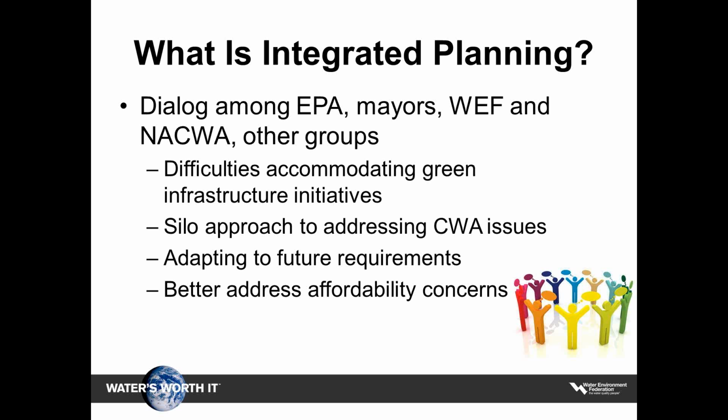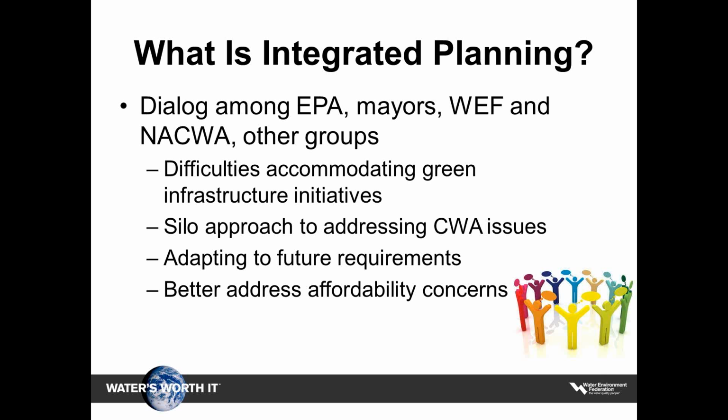In addition, we saw substantial problems adapting to future requirements. For example, communities would agree to a CSO long-term control plan at a very high cost, a high median household income percentage, and then maybe a new state nutrient criteria would come along that would be very expensive to meet and require upgrades to a wastewater treatment plant.